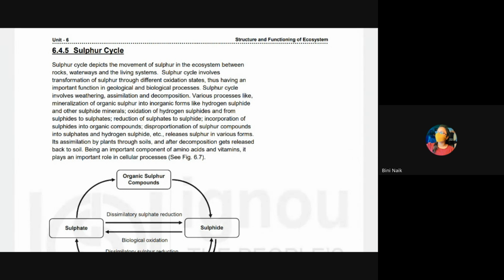It basically involves weathering, assimilation, and decomposition. Where are we getting the sulfur from? From the mineralization process, from minerals, from inorganic forms, just like hydrogen sulfide. So these are the sources of the sulfur.